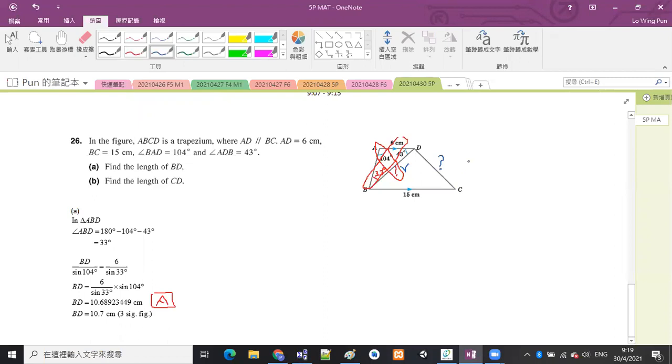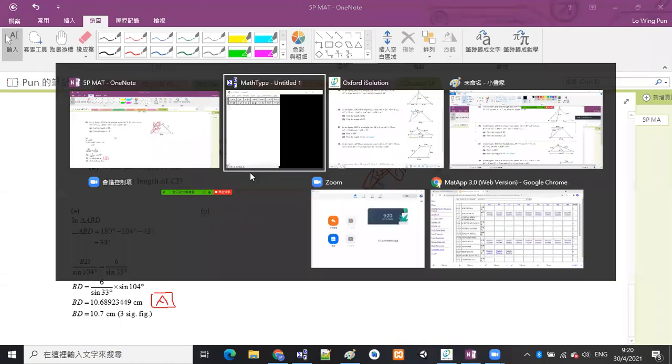So what can we say about the angles from this pair of parallel lines? We can find this angle DBC, okay, because of the Z shape, the alternate angles. Okay, this DBC should be equal to 43 degrees, right? So in part B, let us find this angle DBC first.